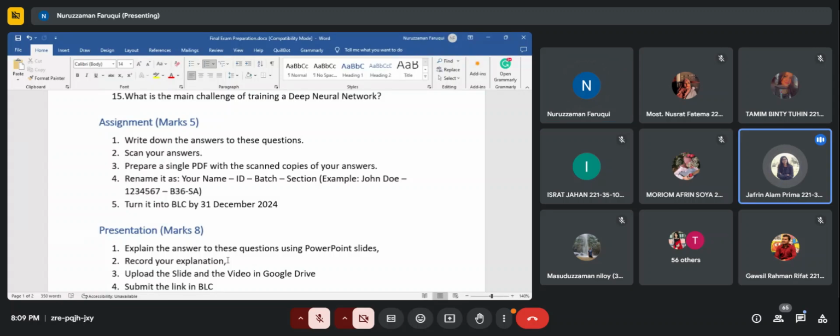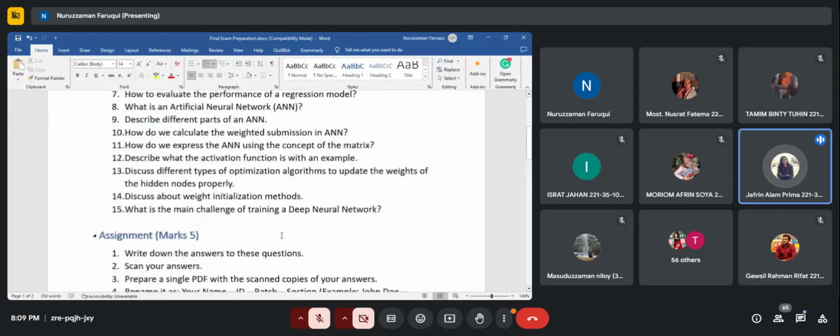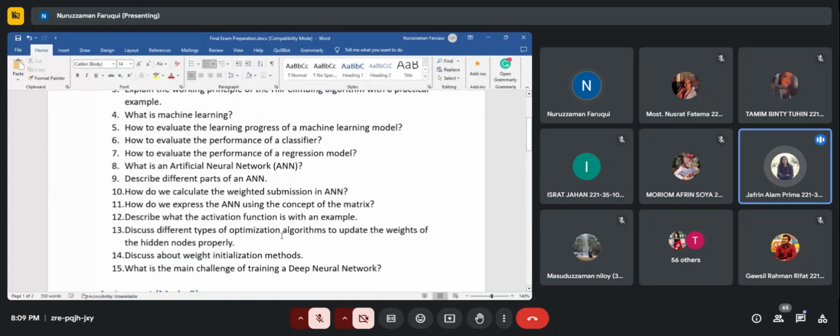All right. Do we have to explain all the 15 questions in the presentation? It will take too much time. It looks like a lot, but actually, let's have a look. What is ANN? Describe different parts of ANN. How to calculate the weighted sum in ANN?